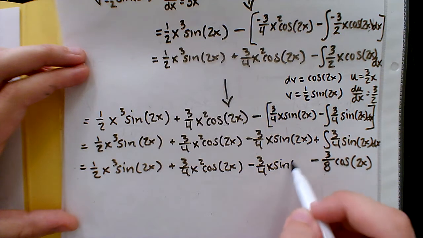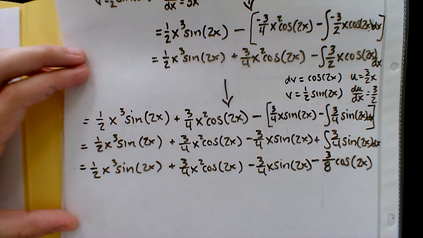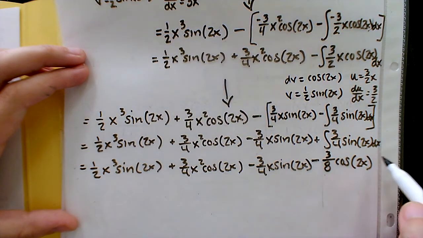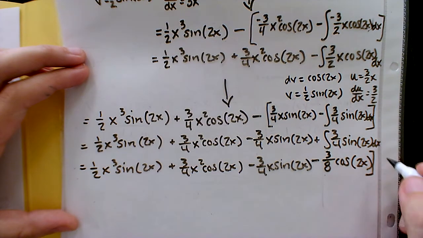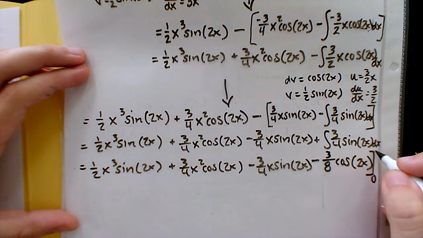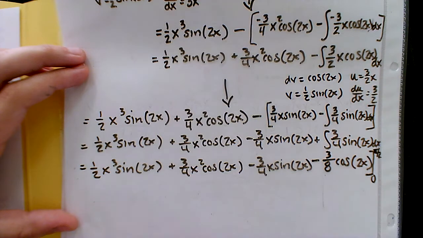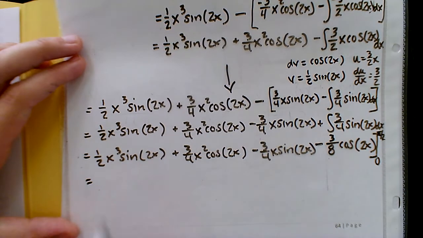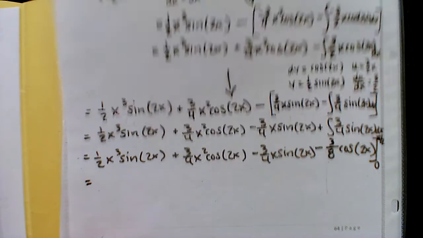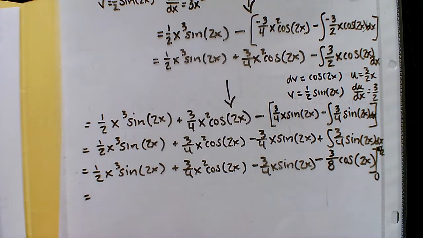All right, so we officially found the antiderivative. Let's not lose sight that we still need to evaluate this from 0 to pi over 2. So top bound minus bottom bound.